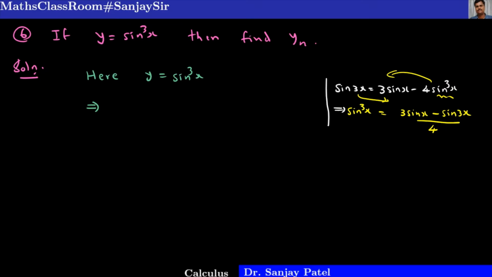So we can write this function sine cube x as 1 upon 4 times 3 into sine x minus sine 3x.